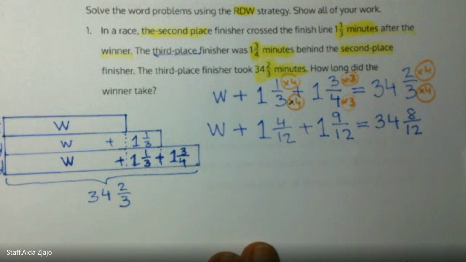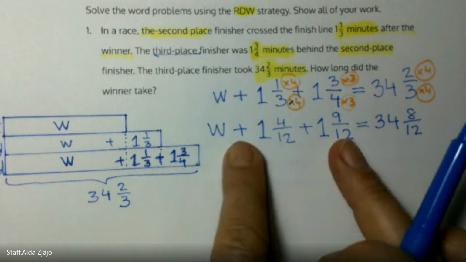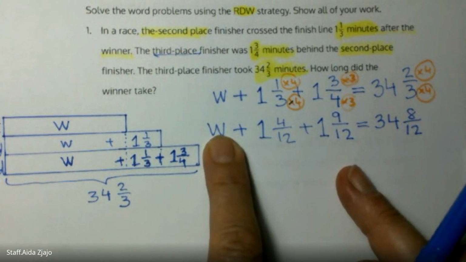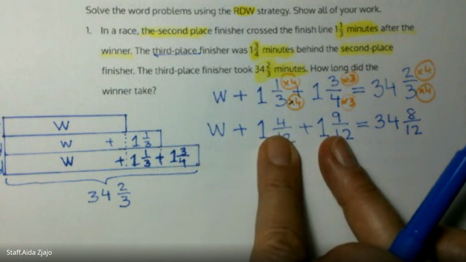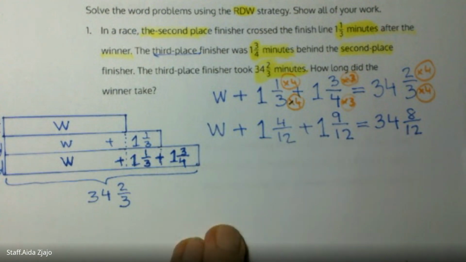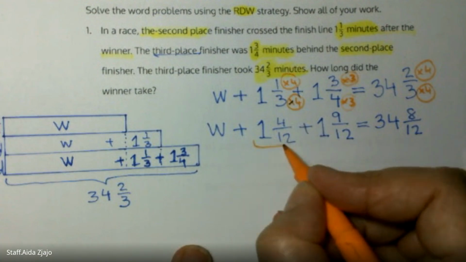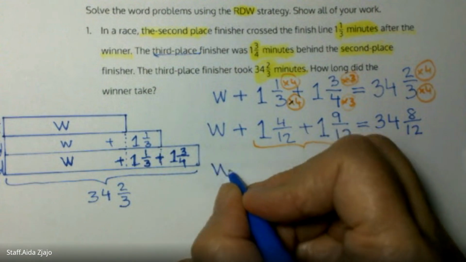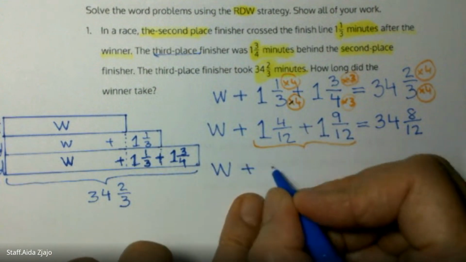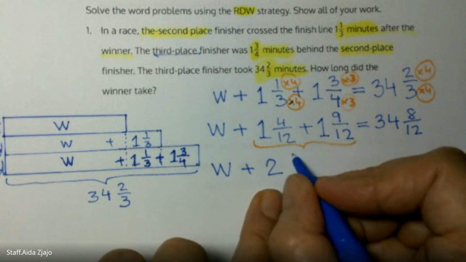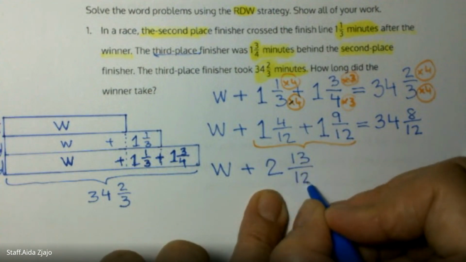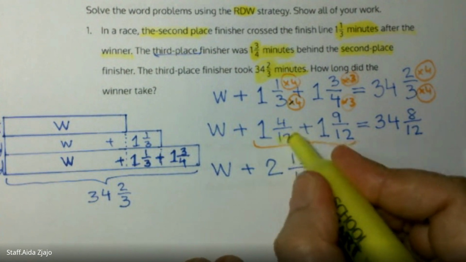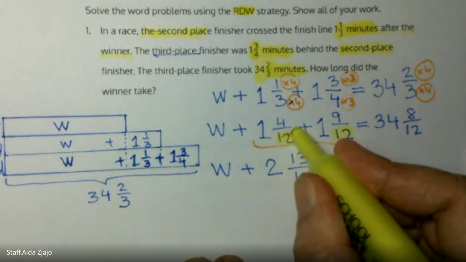So this is the part that we don't know. We don't know how much the winner is, but we know these two, and we can add those two first. So that will tell us that W, or winner, plus 2 and 13/12, because when the pieces are the same, we add the pieces.